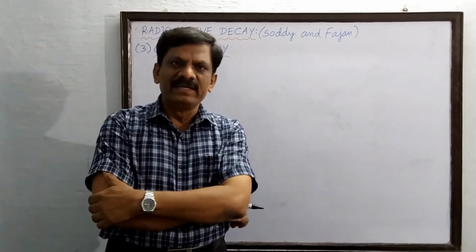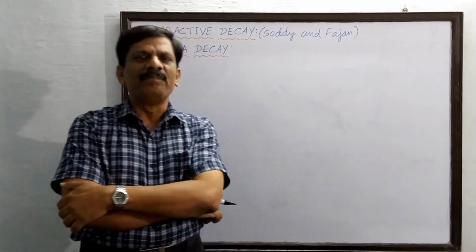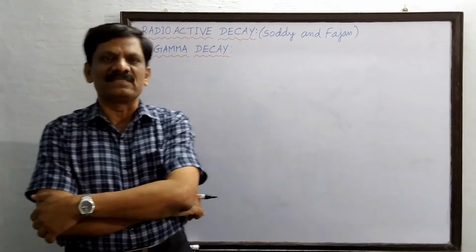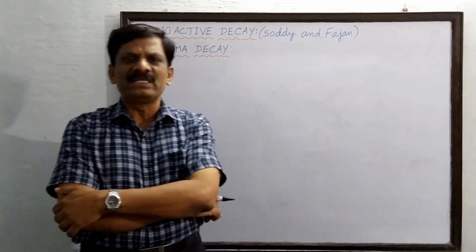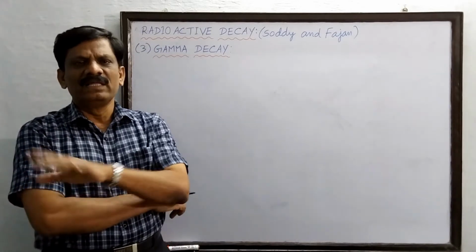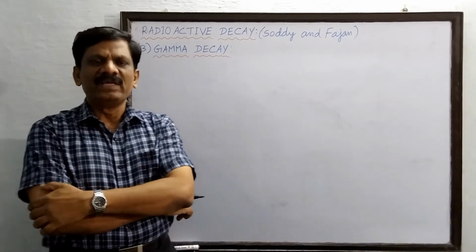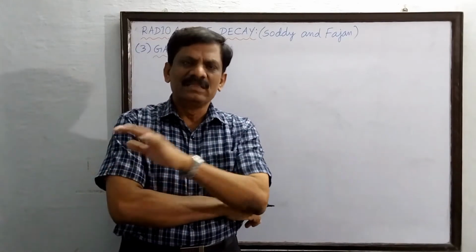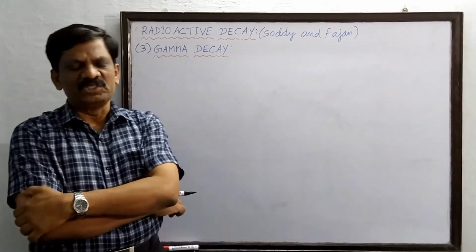Already we have studied during radioactivity that alpha, beta and gamma do not exist simultaneously. So a parent nucleus may either emit an alpha particle followed by a gamma ray photon emission, or it may emit a beta particle and then follow up with a gamma ray emission.